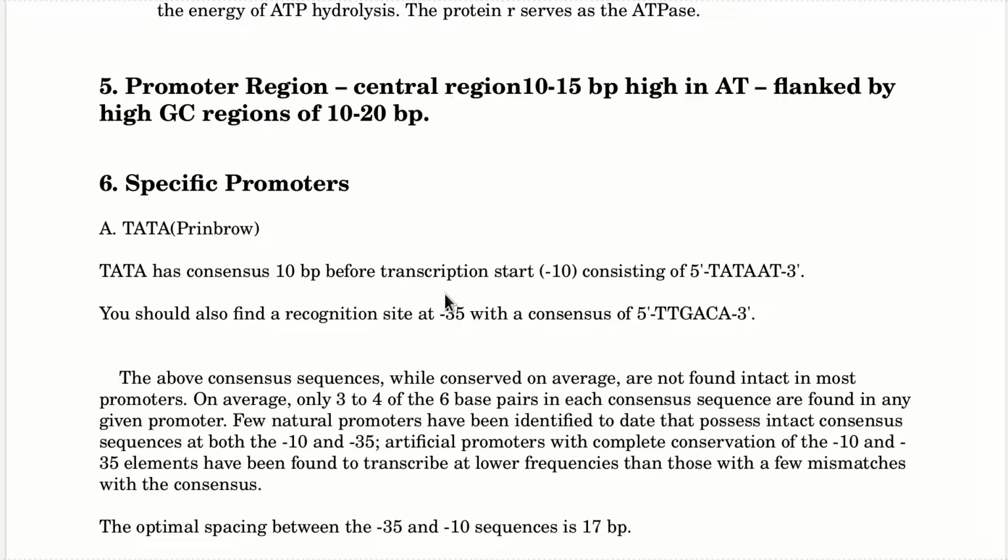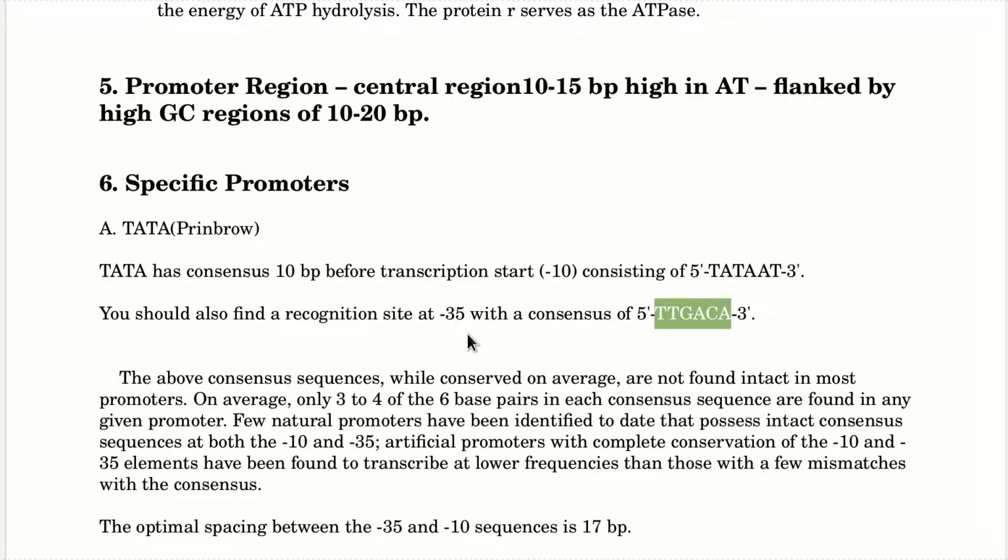So you have to have usually both of these in a bacteria. This is the primary one. This is the one that we're calling the promoter sequence. But really the promoter sequence is usually two sequences. It's a Tata box and a Cat box. And usually they have to be within a certain distance of each other.